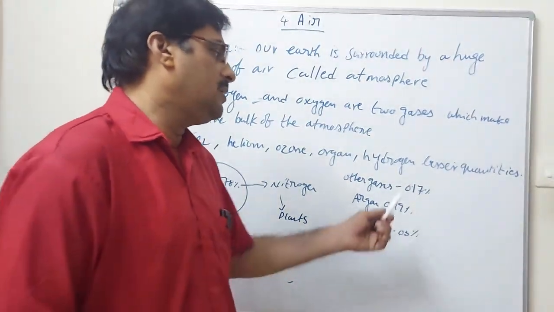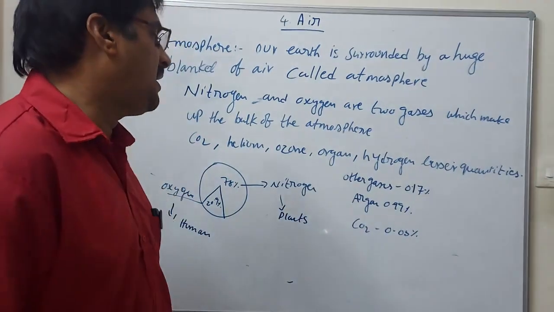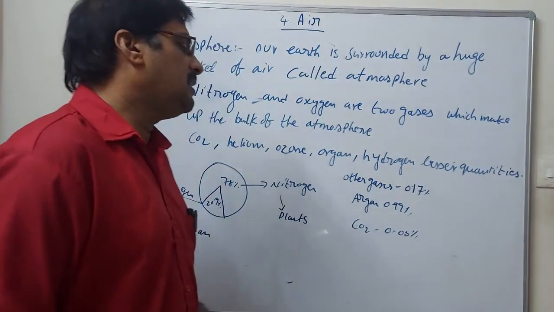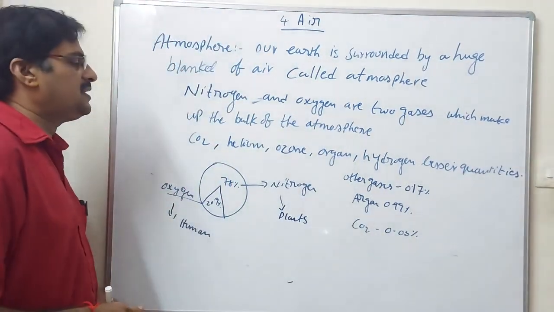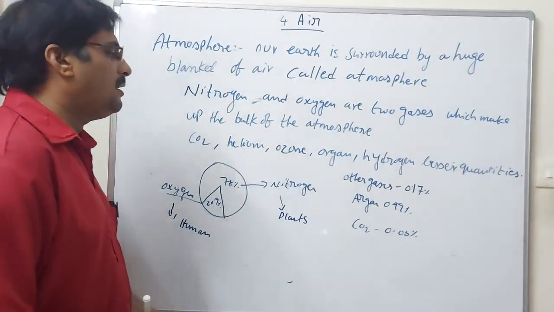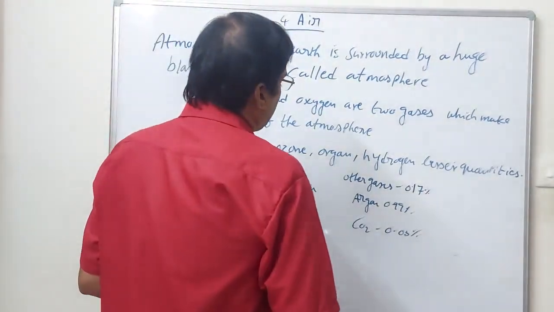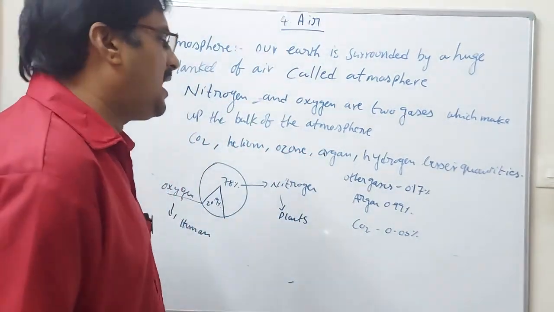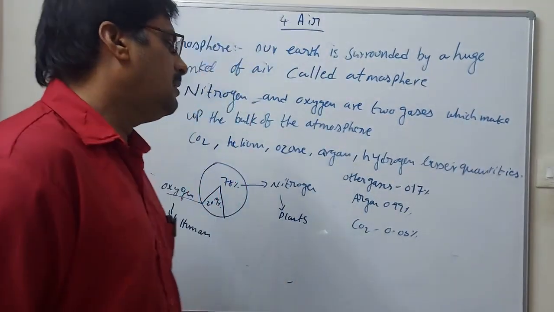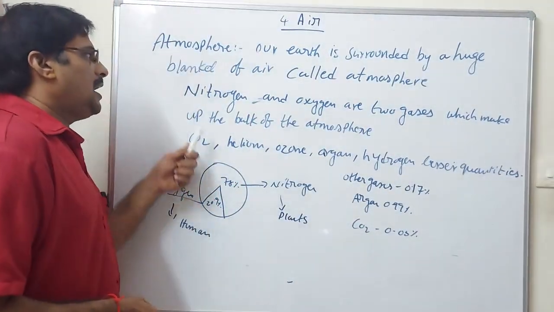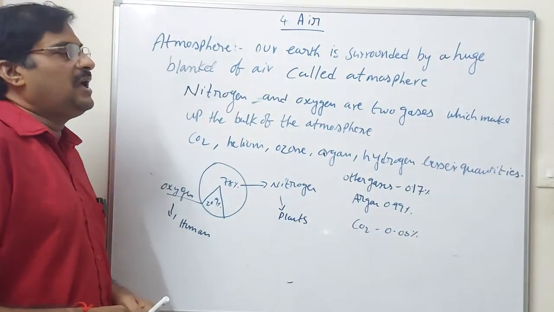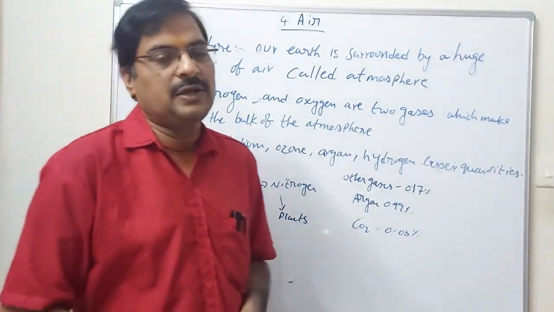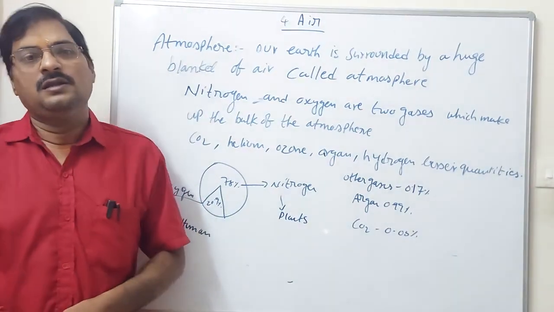Other gases like ozone, hydrogen are 0.17 percent, argon is 0.99 percent, and CO2 is 0.03 percent. According to these percentages, the thing that gives life to humans is in the air only.